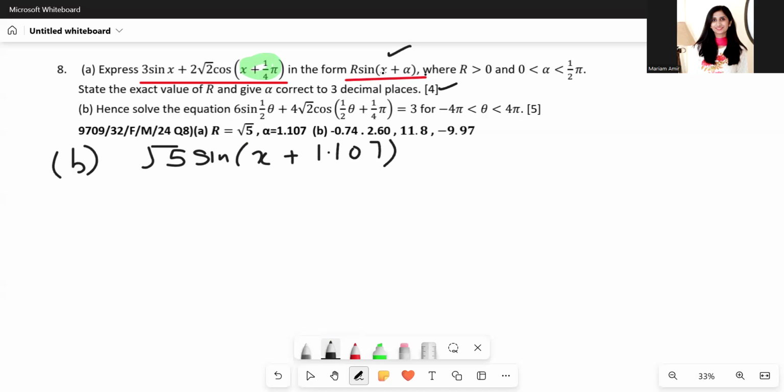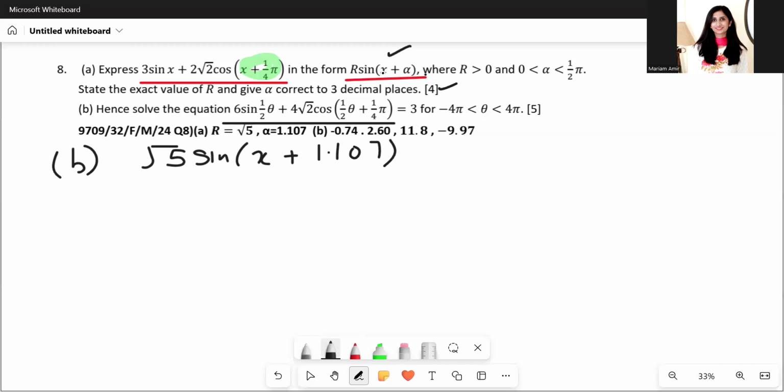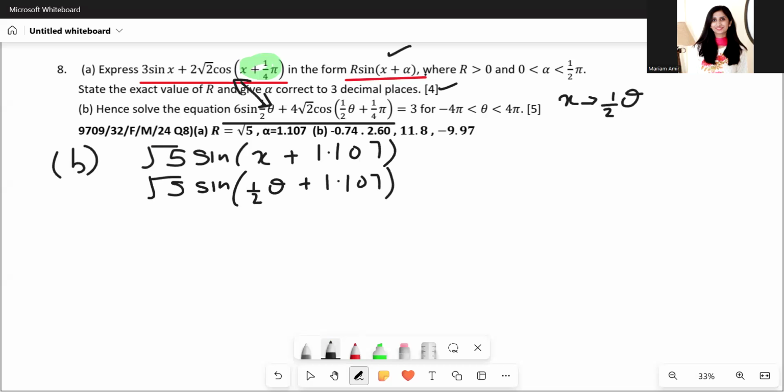Now we're going to look at this and we notice that x is being changed into half theta. And that's the only difference between these two expressions. So here in place of our x, we're going to write half theta. And we equate it to 3. And our domain is minus 4 pi till 4 pi.